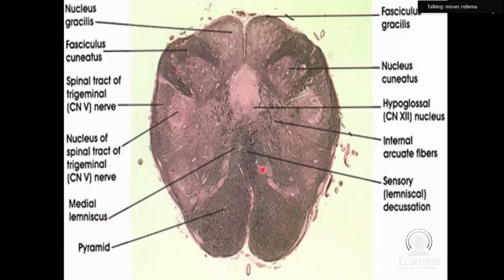Here we have fibers that are crossing over. That is the sensory decussation, which we talked about. The fibers from the dorsal column, from the fasciculus gracilis and fasciculus cuneatus, after the nucleus, they cross over, and then we have the arcuate fibers.